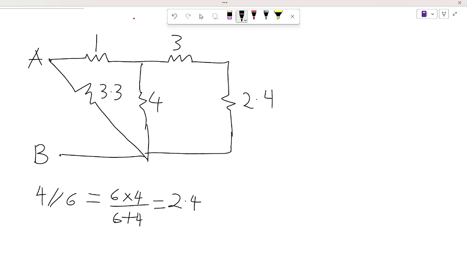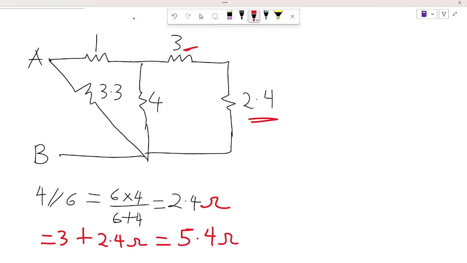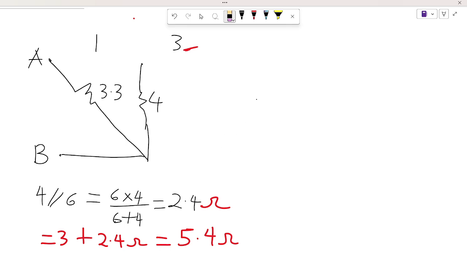And we know that our 2.4 ohm resistor is going to be in series with the 3 ohm resistor, so we can sum those two up. We have 3 plus 2.4 ohms to give us 5.4 ohms. Okay, so we can further simplify to give us this.